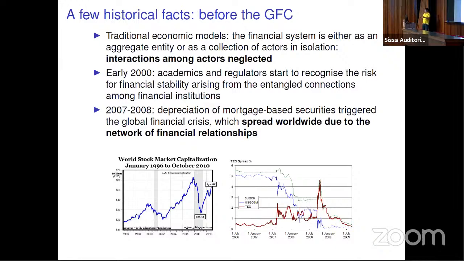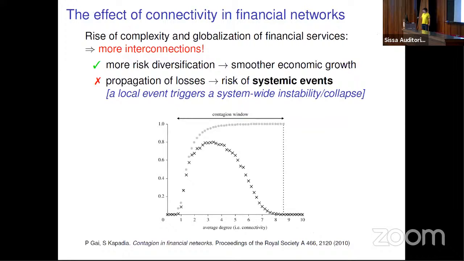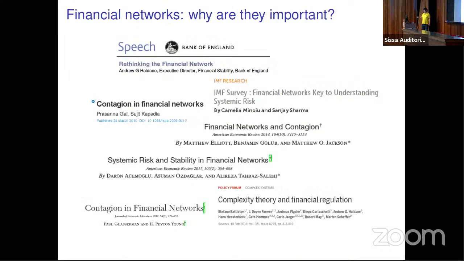Then there were some first papers, a very famous speech from the director of the Bank of England, and some other older papers which started to realize that the interactions are important.